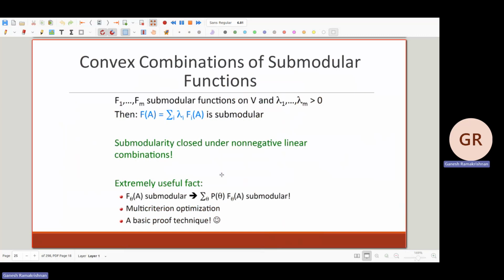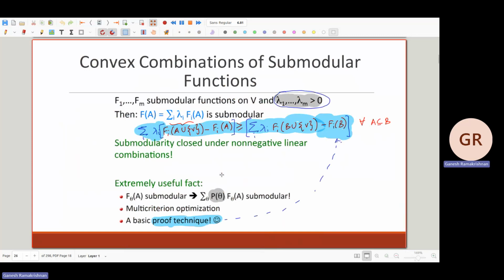So convex combinations, very obviously you can think of them as submodular, right? It's a no-brainer here, and you can prove that by first principles. Very simple. So in general, if f theta is submodular, where theta is just an index from a parameter index, a random variable, then summation over theta of p theta f theta is submodular.